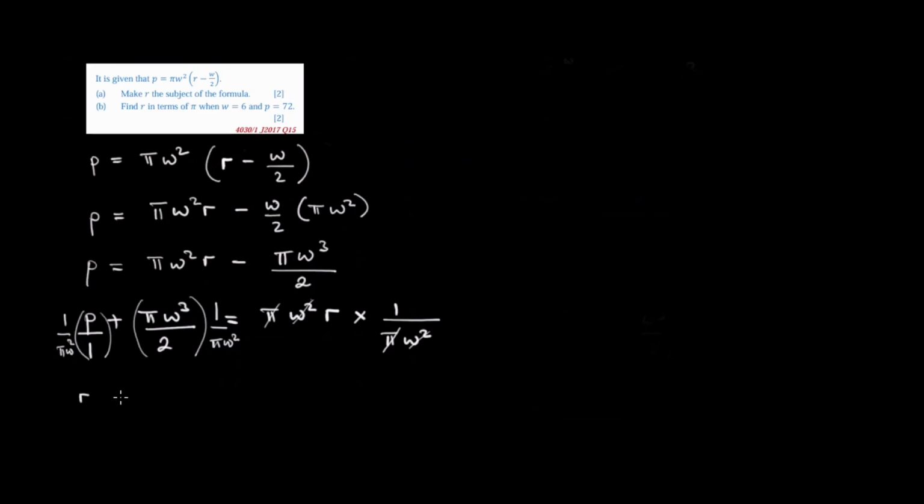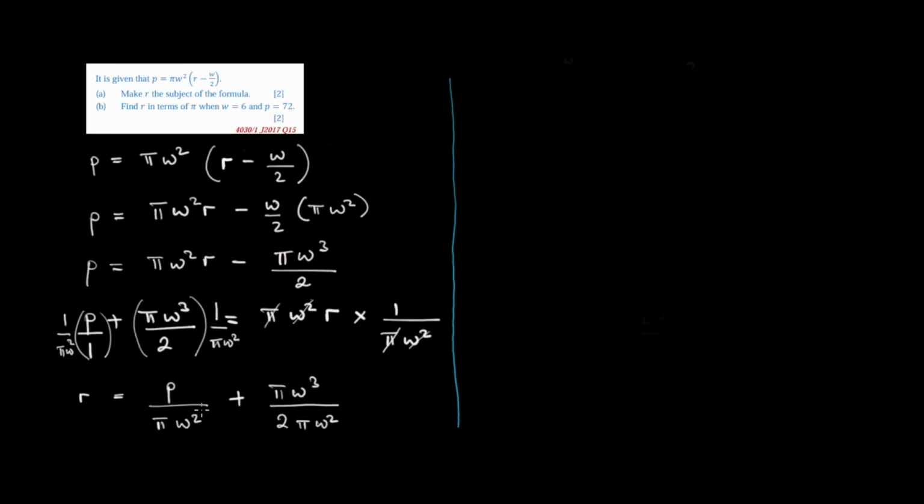This means r is equal to, here we say P over, so it's 1 times P, that's P, then pi w squared times 1, that's pi w squared, plus 1 times pi w cubed, which is pi w cubed, over 2 times pi w squared, which is 2 pi w squared. So that is going to be the value of r.